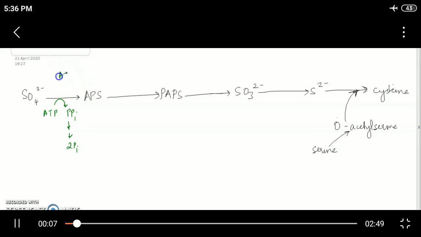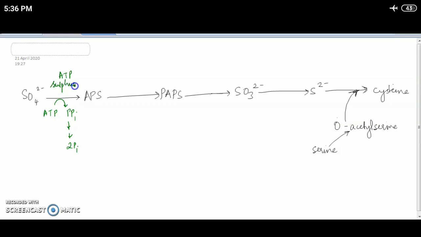So we have sulfate over here, which is going to act as the terminal electron acceptor. The sulfate is now going to form APS. That first step is common. Sulfate, which is present in the environment, is taken up by the organism and acted upon by the enzyme ATP sulfurylase to form APS.